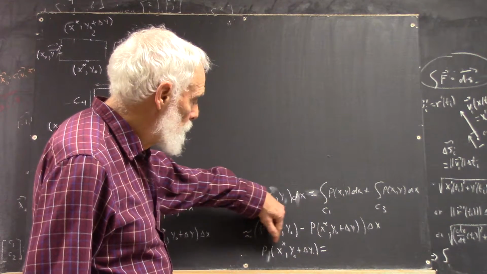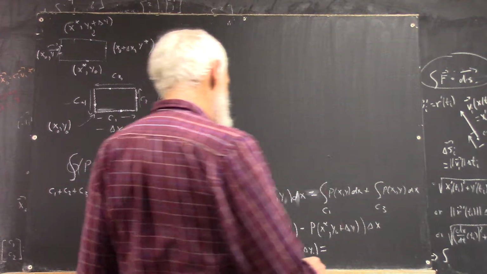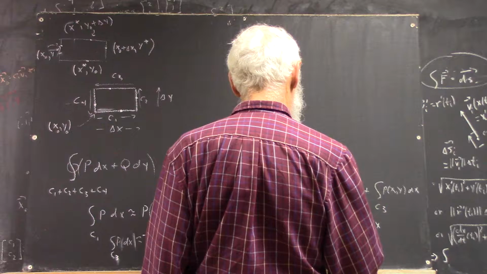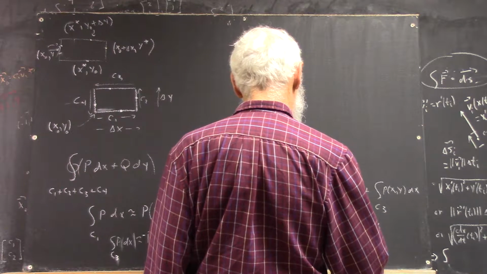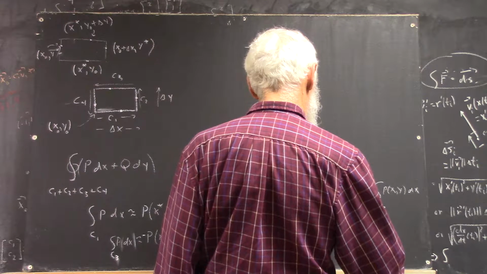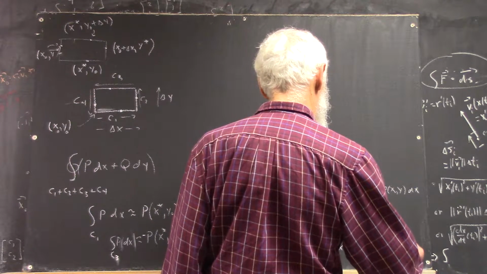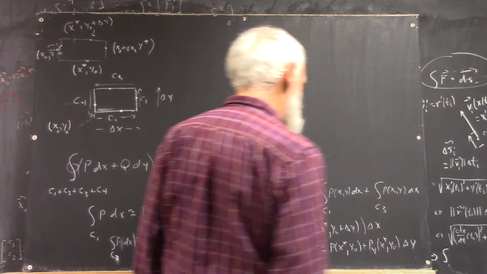So P of X star, Y naught plus delta Y is what? It's this.